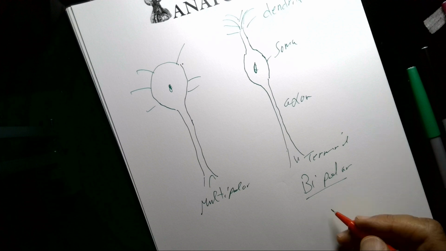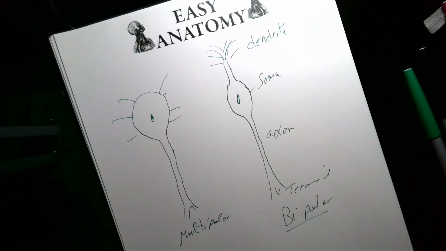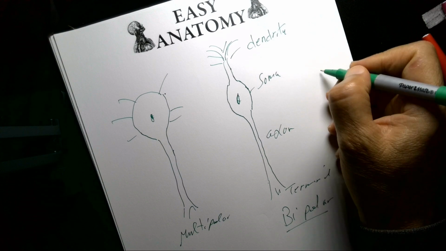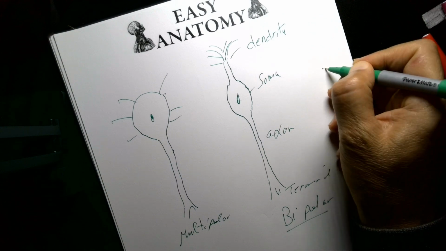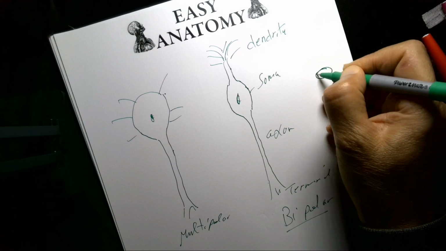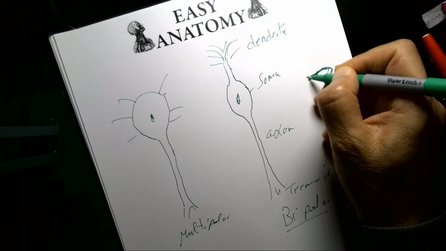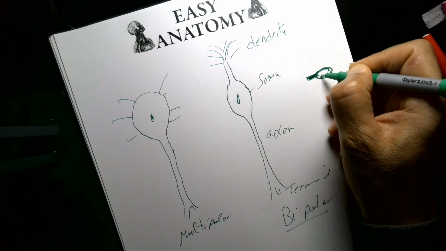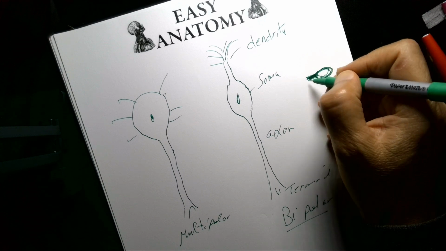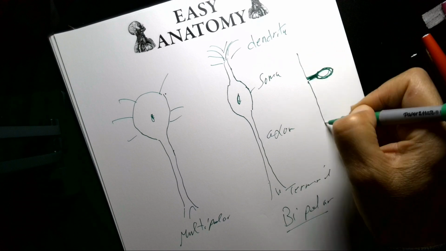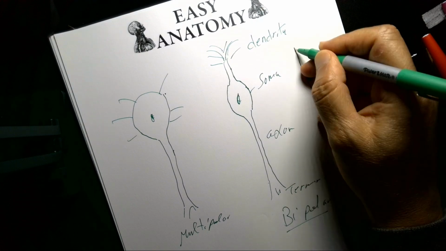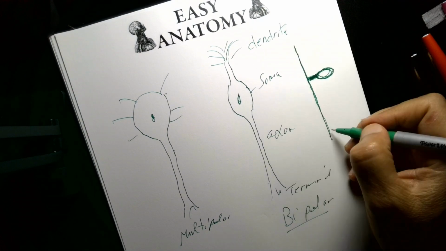Okay, then you have pseudounipolar, where here is the soma. Then you have a stem connected to it, and this stem sends two ends, one central, one peripheral.